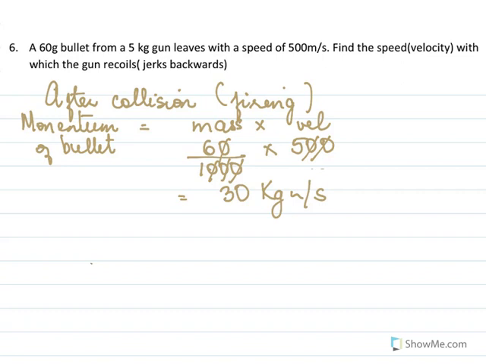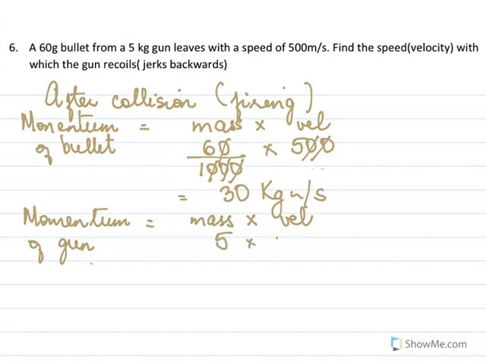Now for the momentum of the gun. So momentum of gun equal to mass of gun into its recoil velocity. The mass of the gun we know is 5. The recoil velocity we do not know, so we just put it as v.